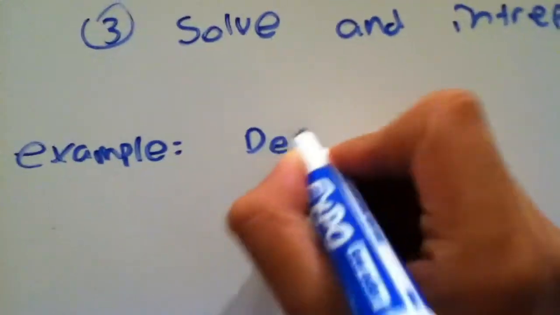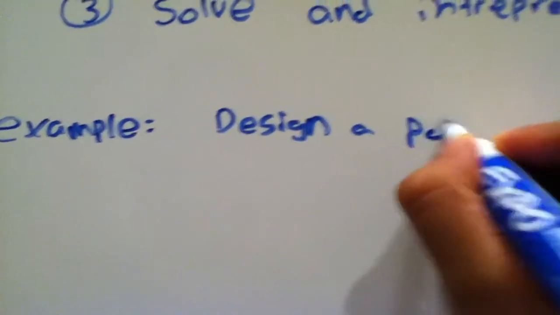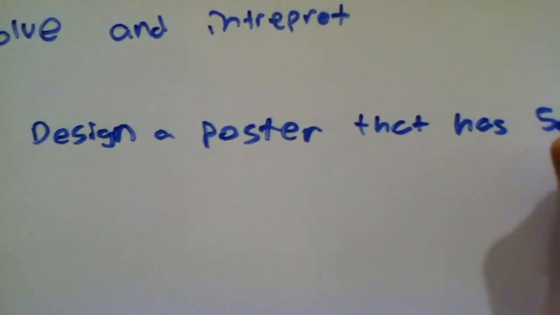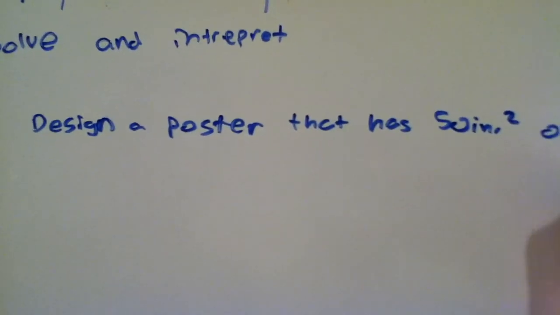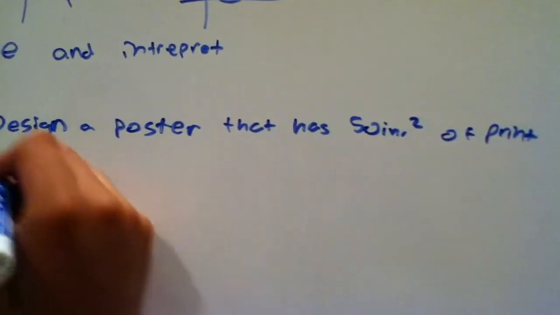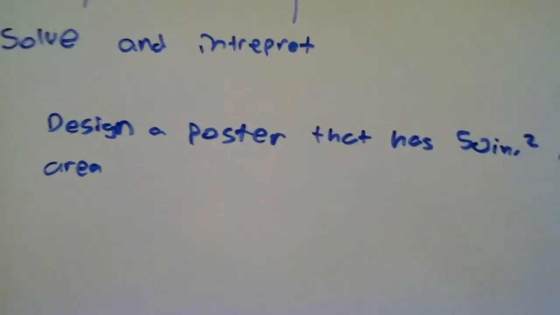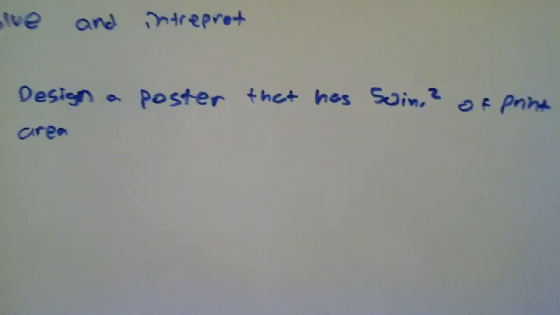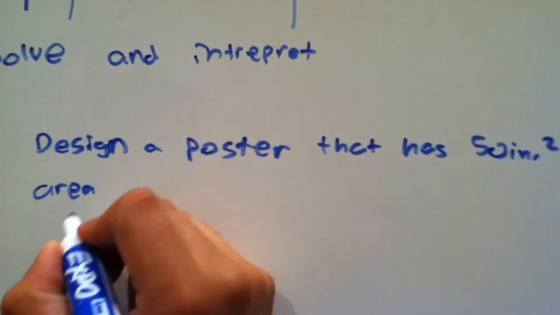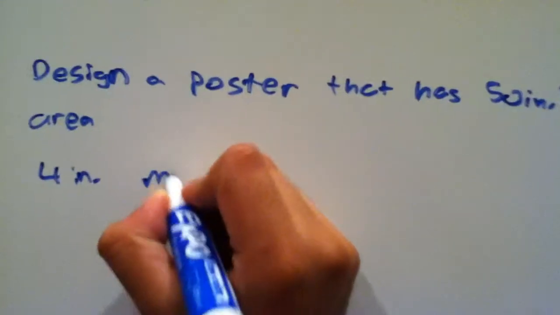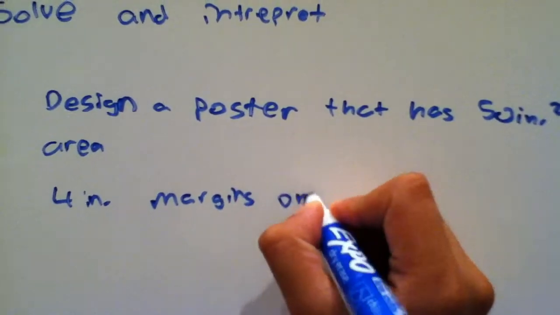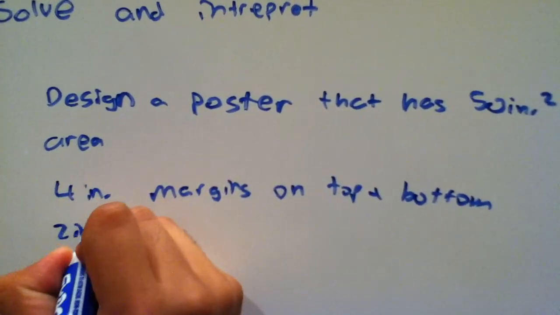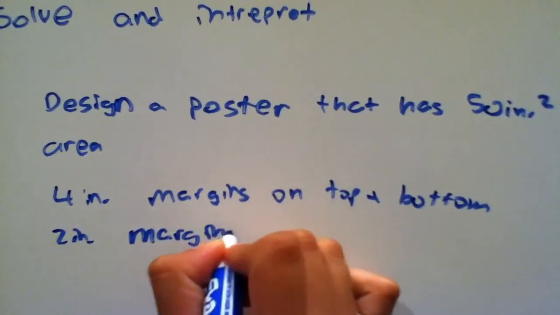Design a poster that has 50 inches squared of print area and also has 4-inch margins on the top and bottom, and then 2-inch margins on left and right.